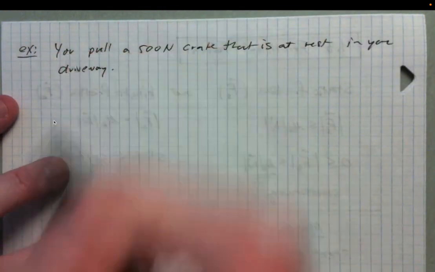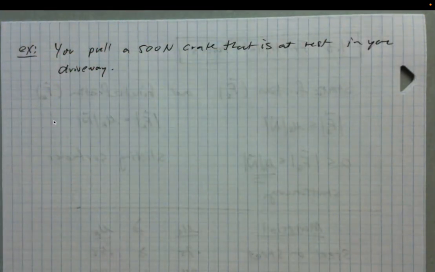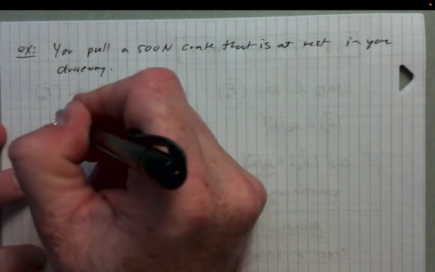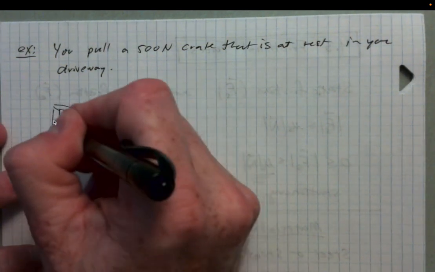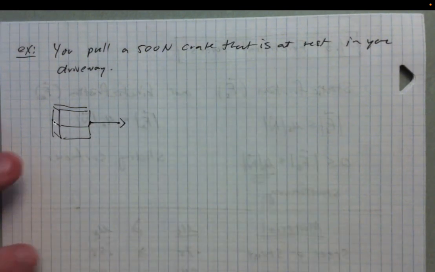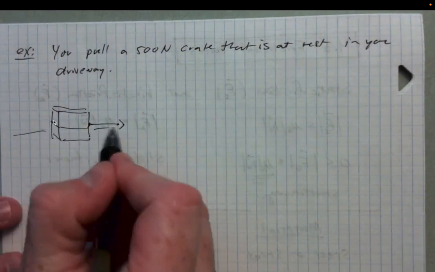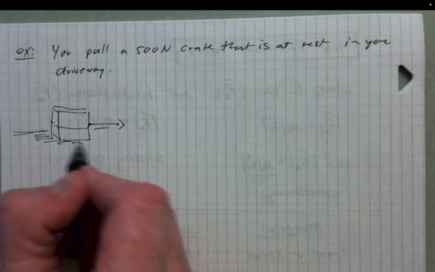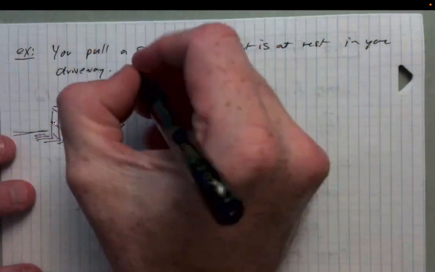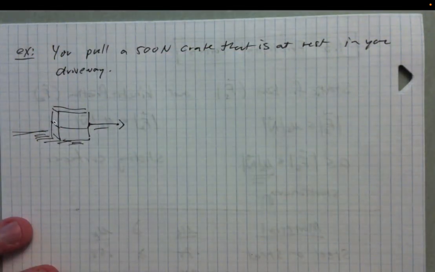So you've got this crate sitting on your driveway. You've got a rope around it. Well, we can draw a picture. You've got a rope around it, and you're just dragging it across the driveway. So it's just dragging across the surface. Now, to get it sliding, you need to pull with a force of 230 newtons. You know this somehow. You've got some kind of a measuring device, so you can measure the force being applied.